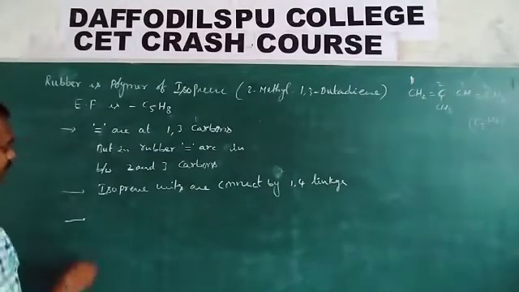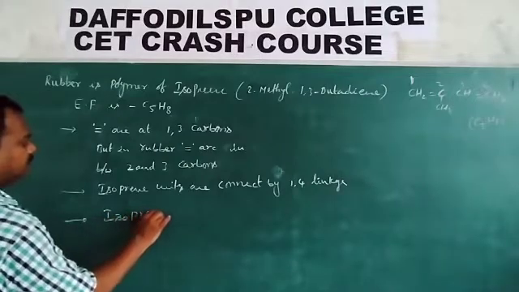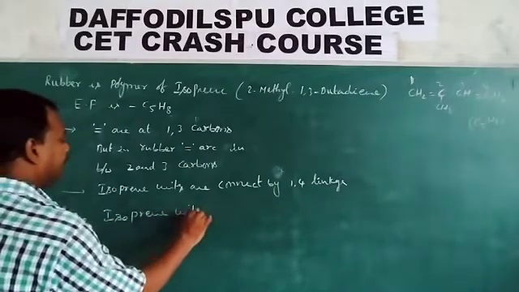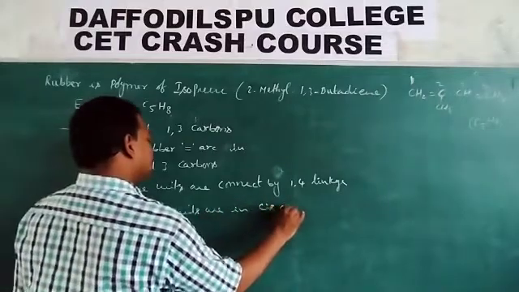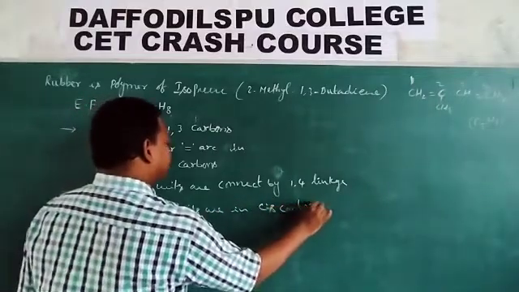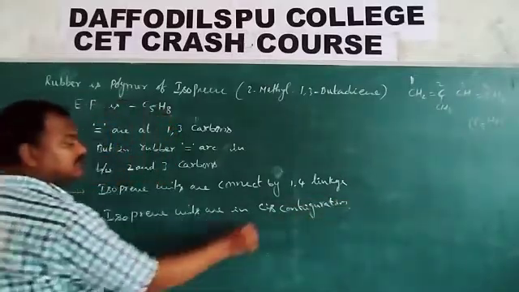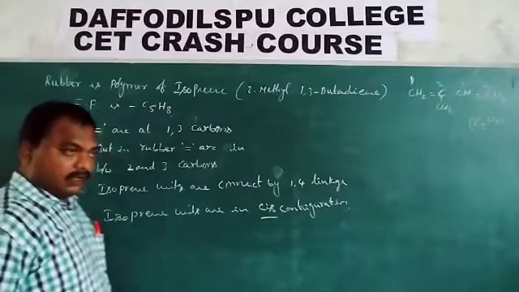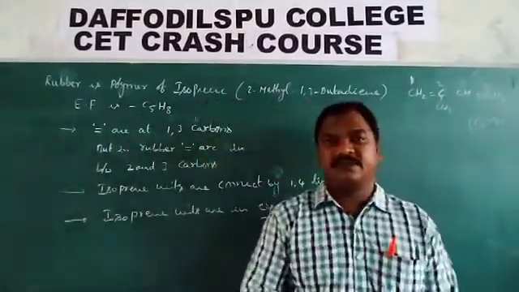In rubber, isoprene units are in cis configuration.